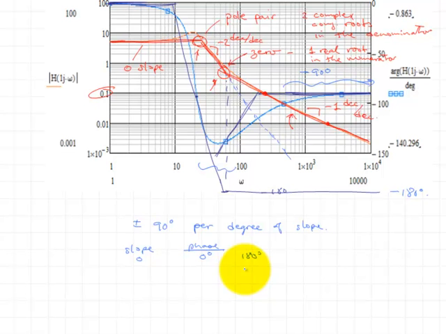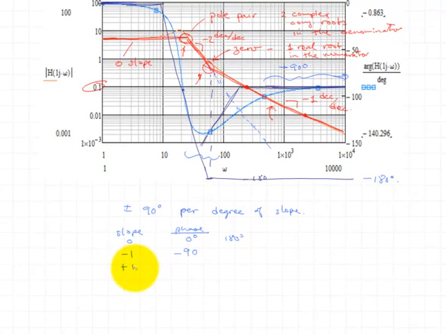You can always add or subtract 180 depending if there's a sign thrown on at the front. If the slope is -1, so we're decreasing by a decade per decade, then the phase asymptotically would be -90 degrees.